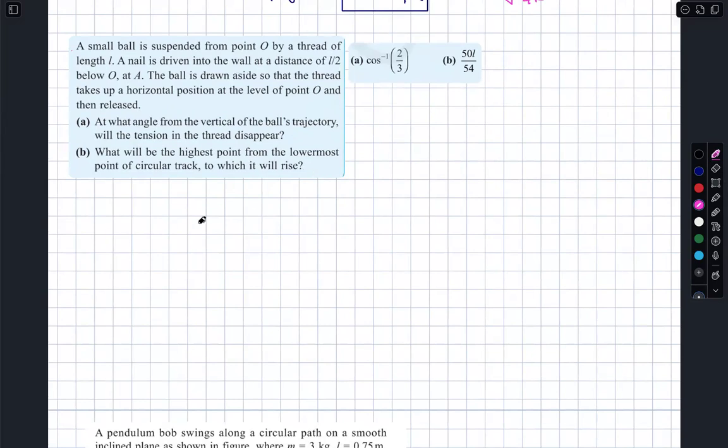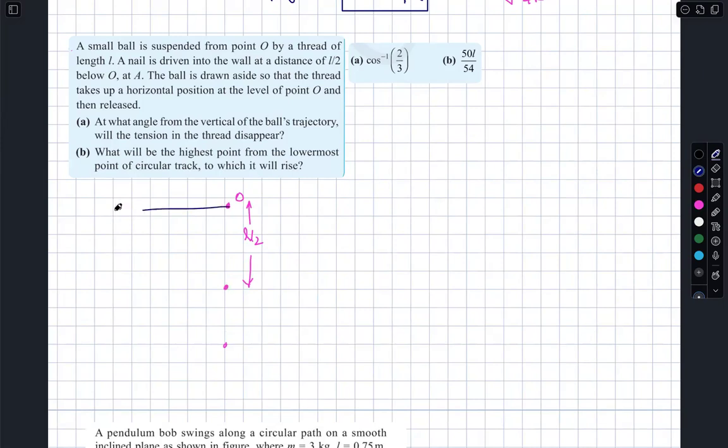Ball is suspended from point O by a thread of length L. A nail is driven into the wall at a distance L by 2 below O. This is O. This is full length. You have this. The ball is drawn aside so that the thread takes up a horizontal position.